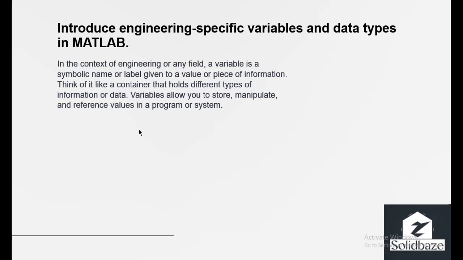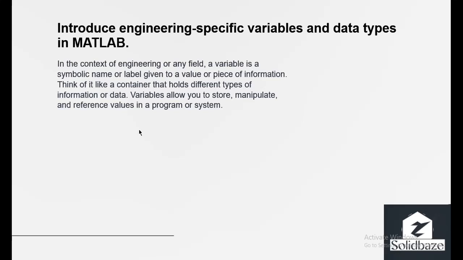The mass of a particular object can be a variable. Okay, so those are what we call variables. They are like containers that hold different types of information for your programming, or for whatever analysis you're doing with MATLAB.